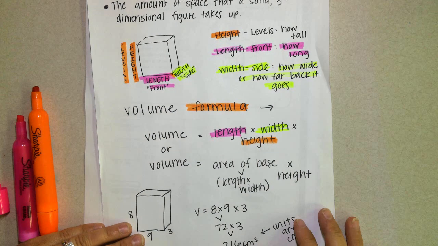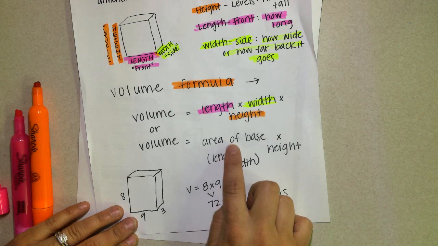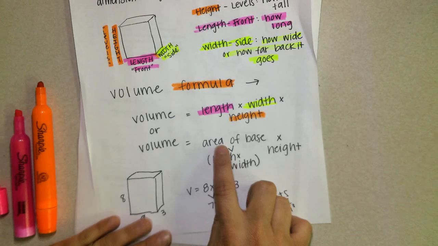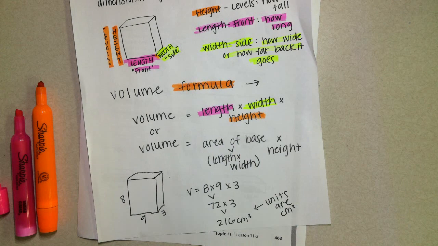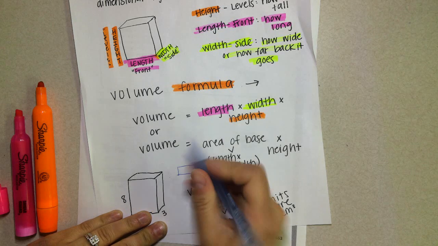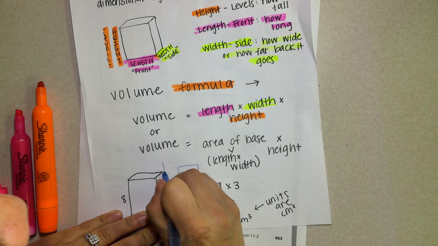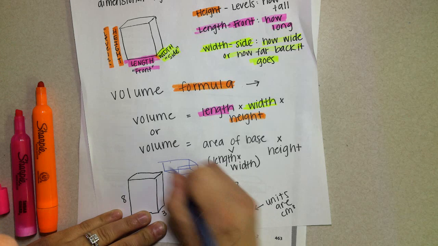Now, sometimes people will give you a different formula where they'll say first you find the base. Like, for example, oh goodness, now I have to draw. If I have a 3D figure, oh man, it's been so long since I've drawn 3D figures like this. Hey, that's pretty good.